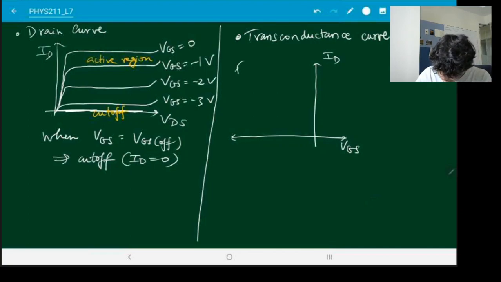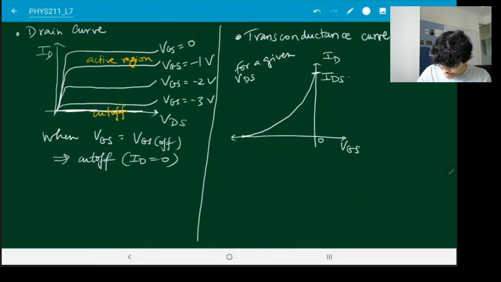So this is for a given value of VDS, drain source voltage. The graph of ID versus VGS looks like this, where this maximum value of the current when VGS is 0 is called IDSS, and the value of VGS when ID becomes 0 is called VGS off.